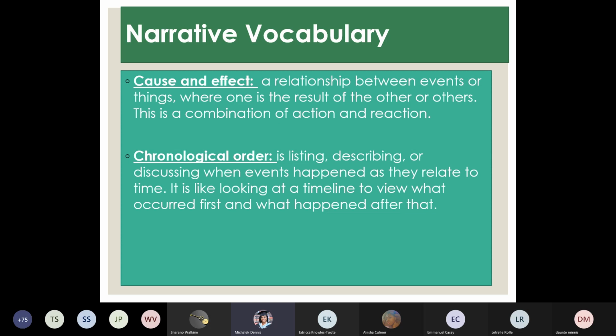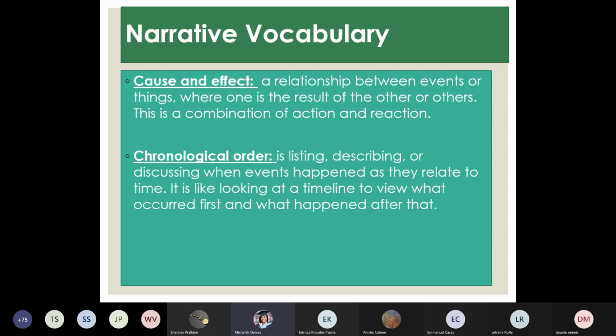So also chronological order. I guess this is where we're going to stop. Chronological order is a listing, describing, or discussing of events as they relate to time. It's like looking at a timeline to view what occurred first and what happened after that.